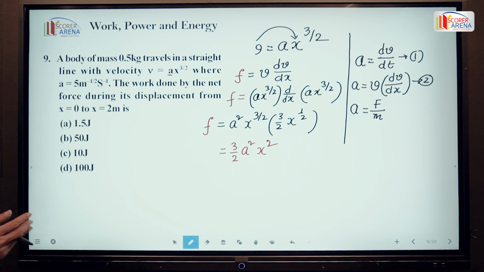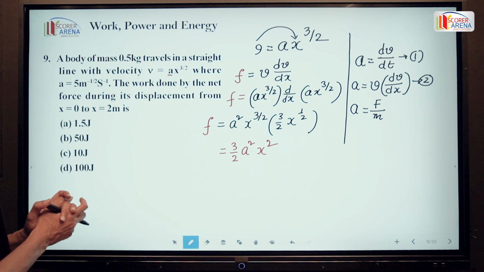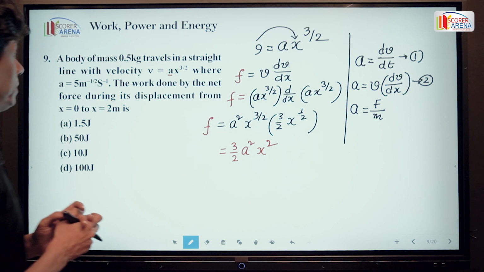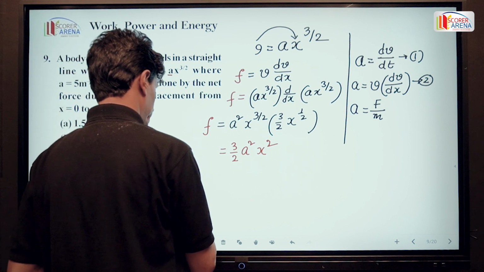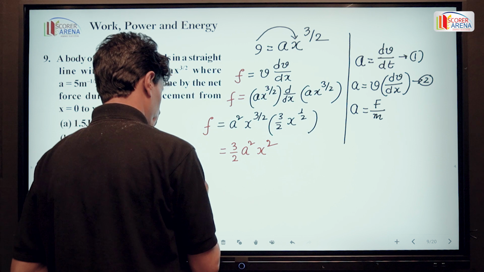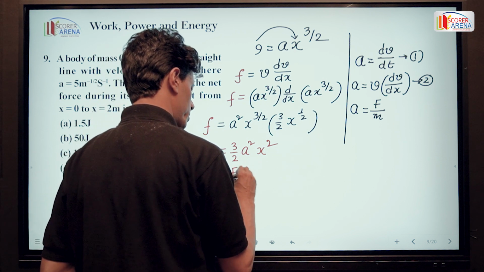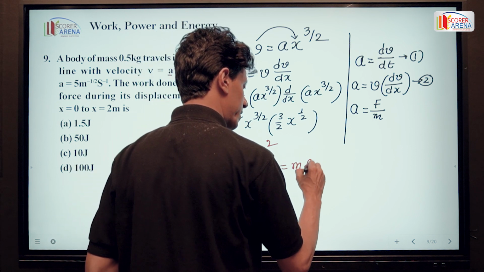If we put the mass of the particle, which is half kg, we can say the variable force F is equal to mass into acceleration.